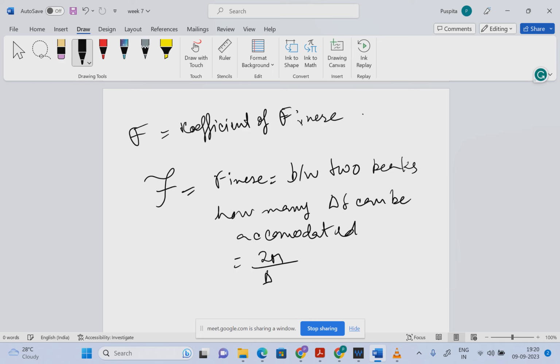The distance between two peaks is 2 pi by delta phi, which is pi root F by 2. Yes.